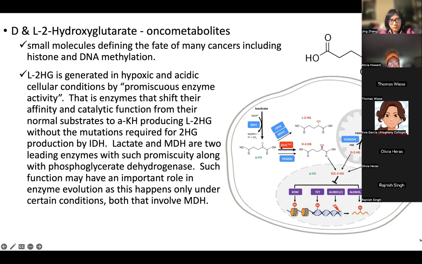A mutant version of IDH, and another enzyme, can make D-hydroxyglutarate. Hydroxyglutarate will then interact with other proteins. We can also make it through the mitochondria. So we can go D and L through MDH1 and 2, but very little work has been done on that other than that it's happening. And is there a time where this is a minor pathway that might become a major pathway?